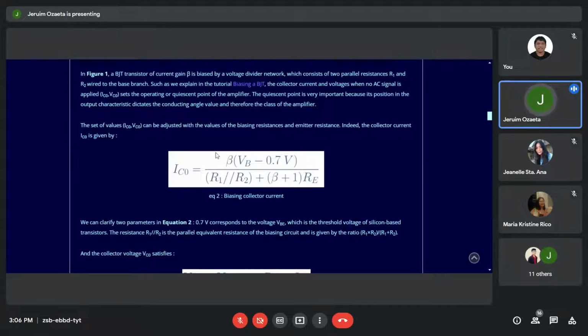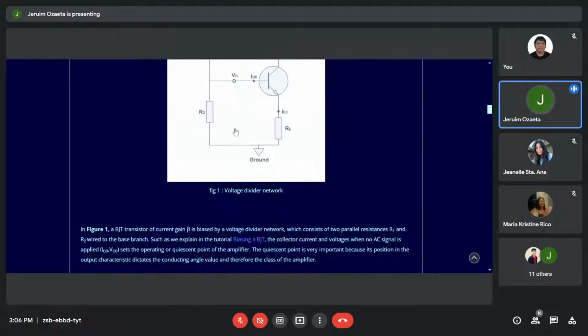And here is now the relationship of the ratio of the currents, where beta here is the beta gain. We call this the beta gain. Meaning to say, the beta is just the ratio of the input current times this quantity of the resistors R sub 1, R sub 2. Take note that R sub 1, R sub 2 are just a voltage divider.